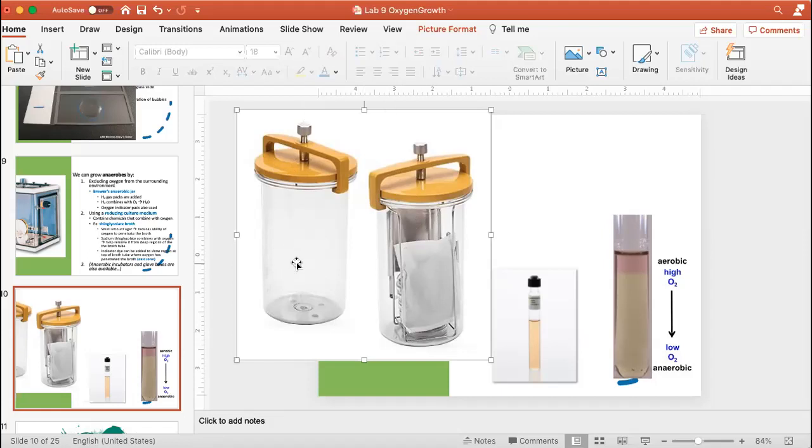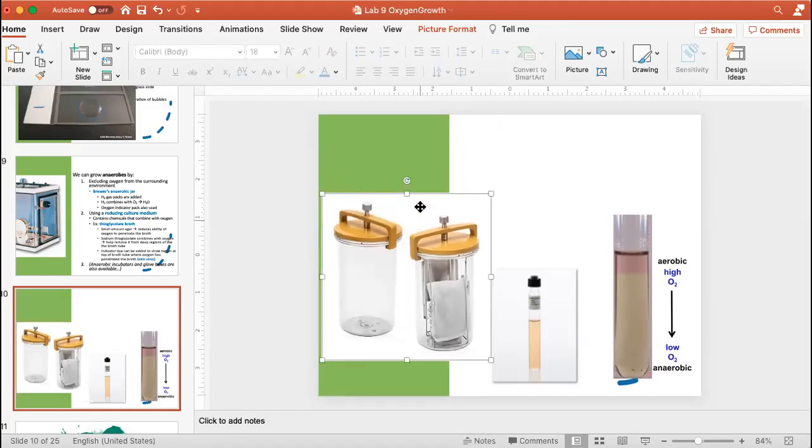And if during the incubation process any oxygen gets into this jar, maybe the seal isn't tight enough, or maybe it's broken somewhere, this packet will turn color. It's usually pink. So when I come back the next morning, if I see a pink color change here, I know, uh-oh, oxygen got in here. I probably was not successful growing my cells.